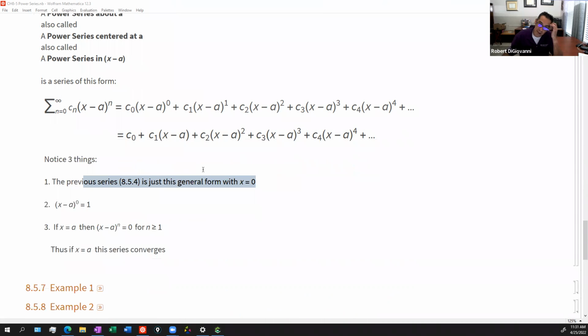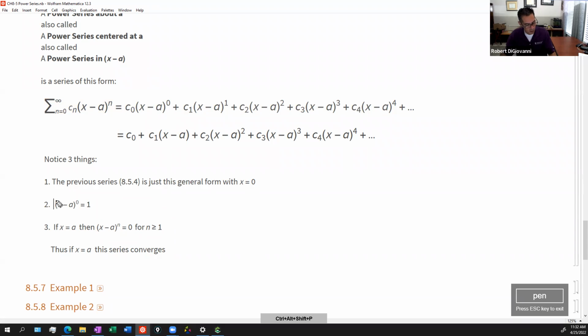So first thing, this general formula, we already looked at it with a is 0 to start. Also, this x minus a to the 0 term, we are going to define this to be 1.